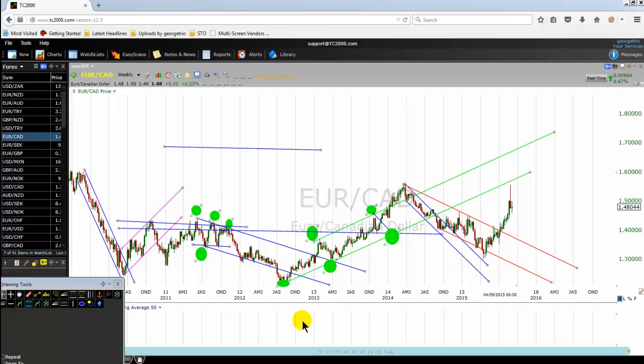So first condition, we want 3 points, a low and a higher low, plus a high. With these 3 points, we draw our green channel. We want the price to go up from the higher low and to form a new higher high in comparison to this high here. But we do not want the price to go outside the channel.